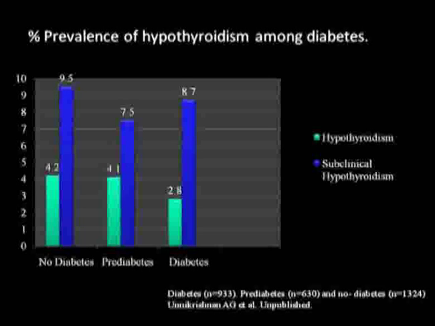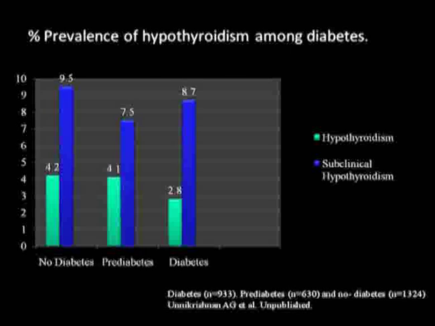If I ask you to draw a mental line across the blue and green skyscrapers, you might feel that in diabetes it seems a little less or a little more, but if you see these numbers, they're not really different. Subclinical 9.5, 7.5, 8.7, so roughly the same, and there was statistically no difference in the prevalence of hypothyroidism or subclinical hypothyroidism in type 2 diabetes compared to pre-diabetes and normal people.